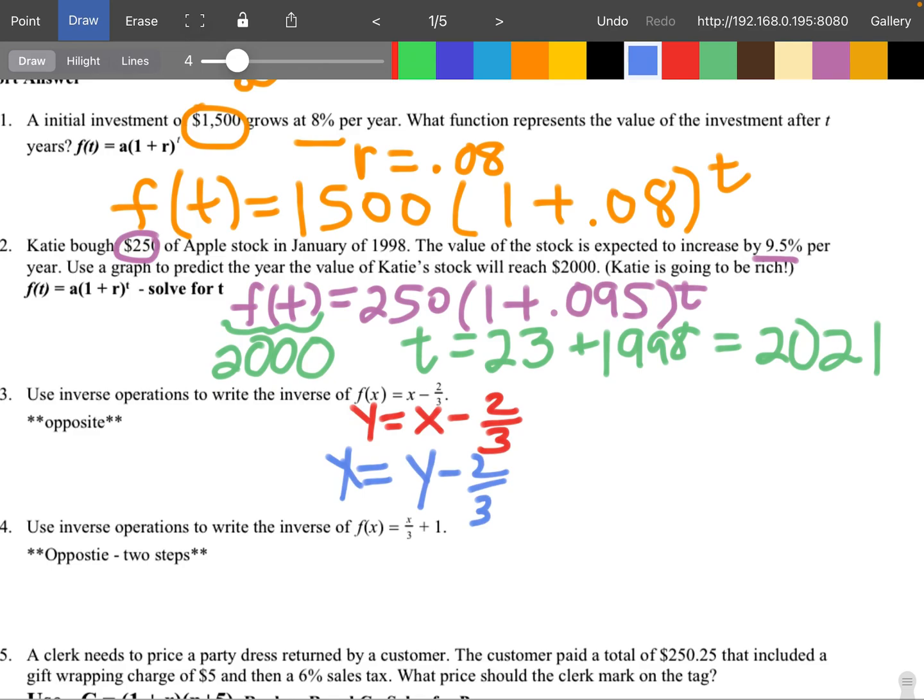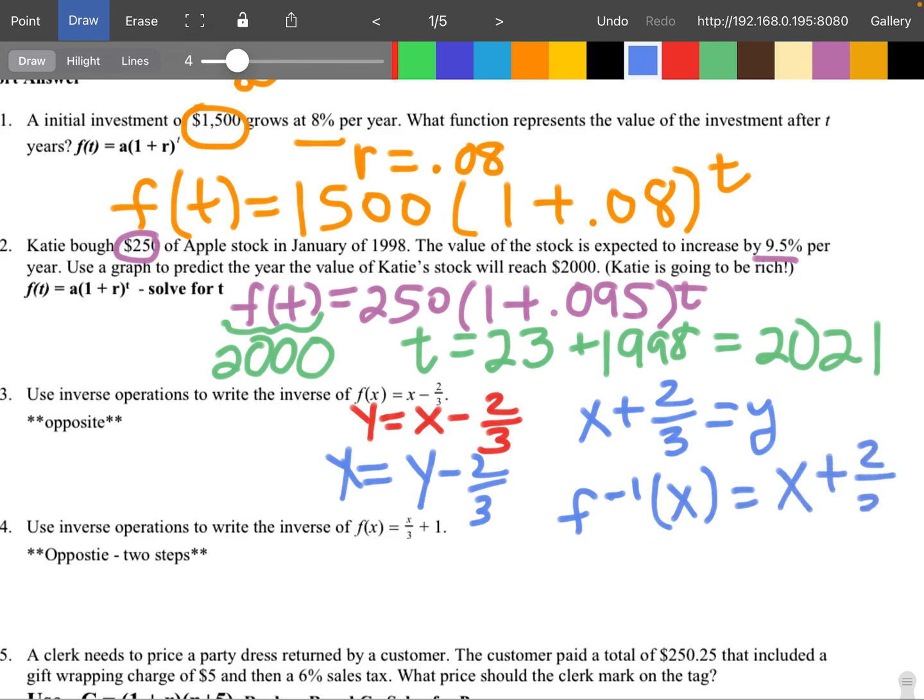And then solve for y. Well, to solve for y, you just add 2/3. So it's going to be x plus 2/3 equals y. And we want to then rewrite it as an inverse function. So f to the -1 of x equals x plus 2/3. So it's really the opposite of the original equation.